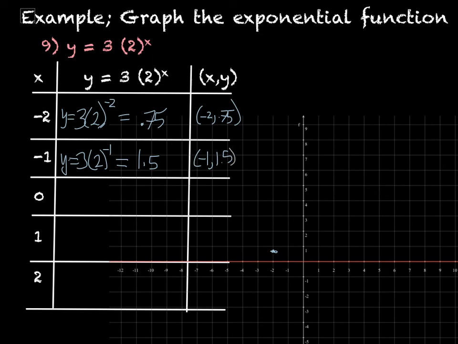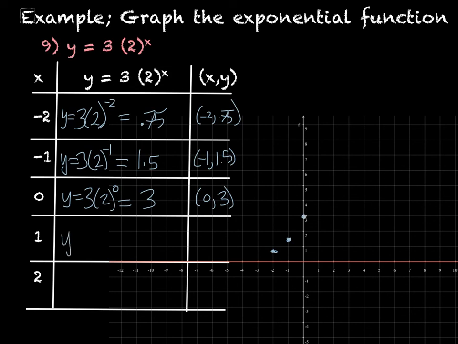So at negative 1, I'm at 1.5, which would be right here. And then the next one, y equals 3 times 2 to the 0 power is going to give me a 3. So that is at 0, 3. So 0, 3 is right here.